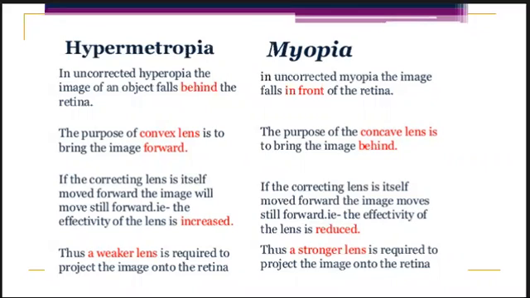The purpose of a convex lens is to bring the image forward, while the purpose of a concave lens is to bring the image backward. Okay? So, if the correcting lens itself is moved upward, then the image will move still further forward. Take note of that.